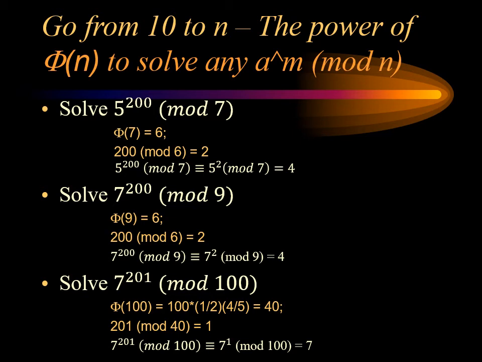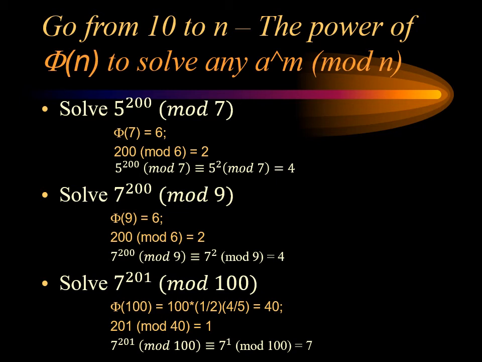But when you look at 5 to the 200th power, mod 7, the number 6 is very helpful here, because 6 is 7 minus 1, right?